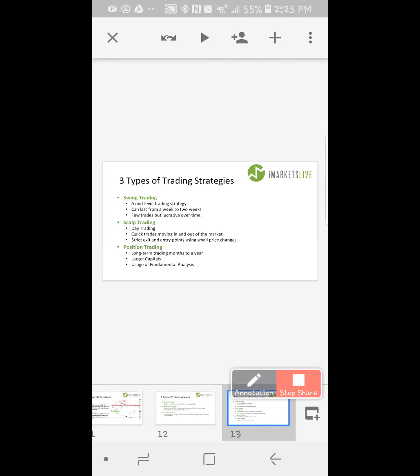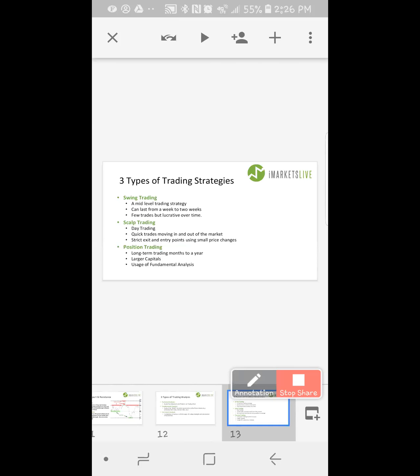Then we have scalping. Now, to me, this is for thrill seekers because Lord have mercy. You're in and out of that joint quick, quick, quick. That's like on a 5 minute chart, the 15-minute chart, the 1 minute chart. So scalpers day trade, quick trades moving in and out of the market, strict exit and entry points using small price changes.